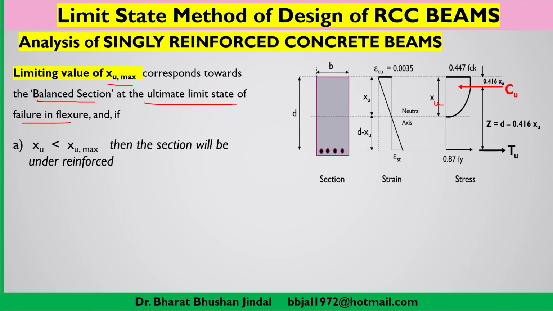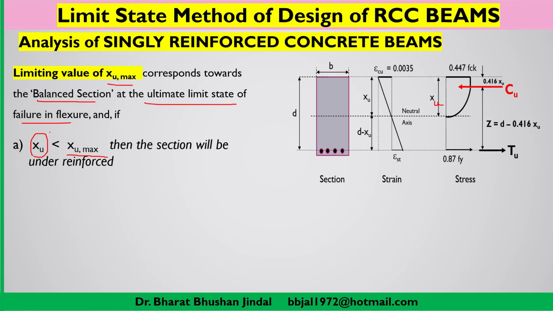So there are three cases. Whatever section you are going to analyze, first of all you will find the depth of the neutral axis by calculation. Then from the code we will take the value based on the grade of steel.